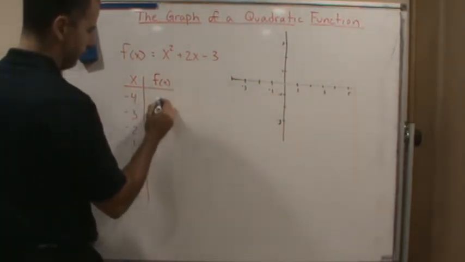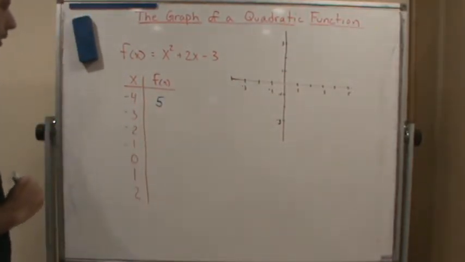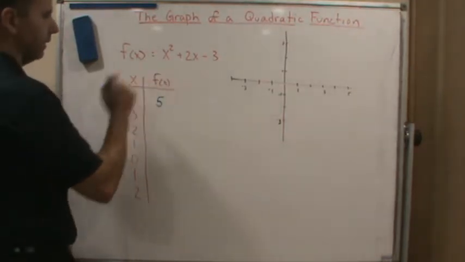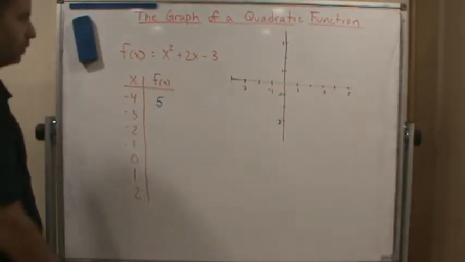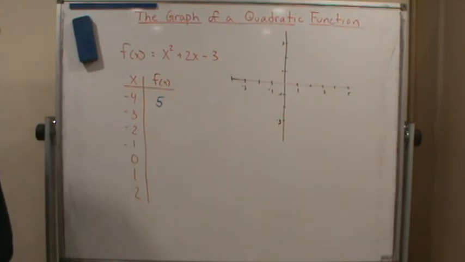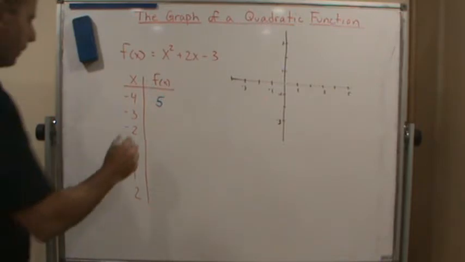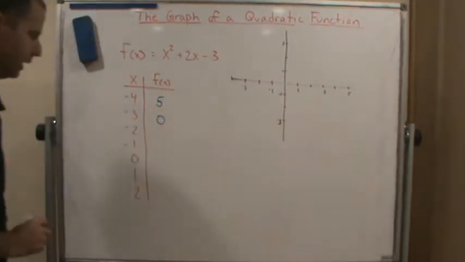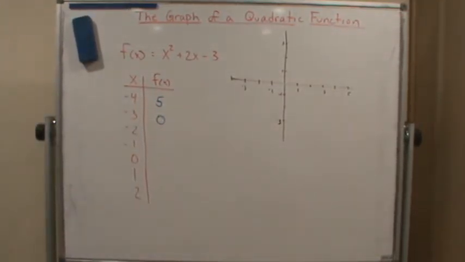And if we put in -3, we get 9 minus 6, which is 3, minus 3, which gives us 0. So we get the point -3 comma 0.